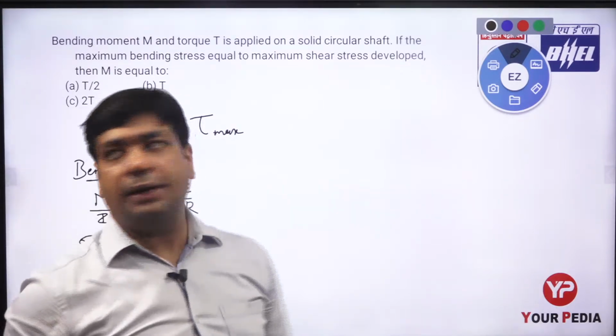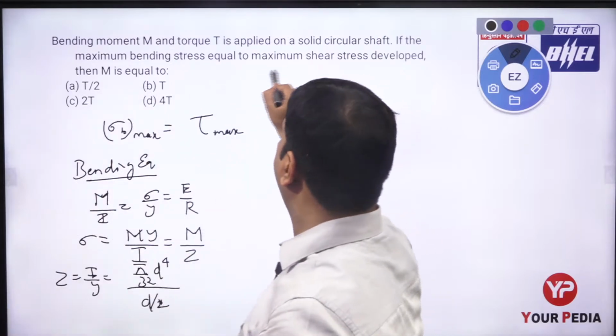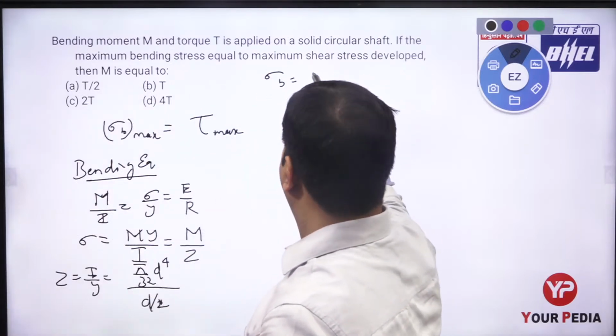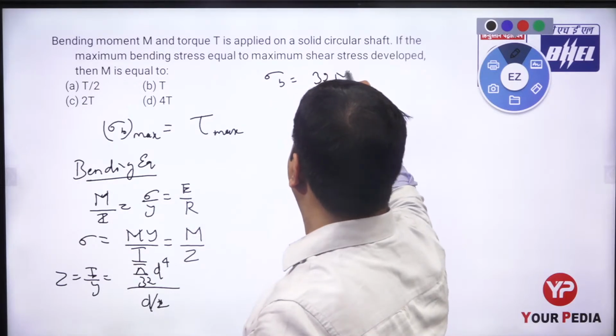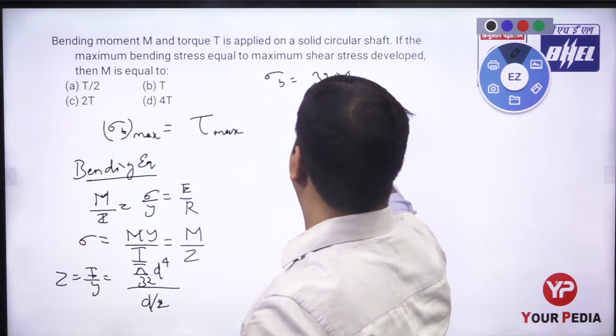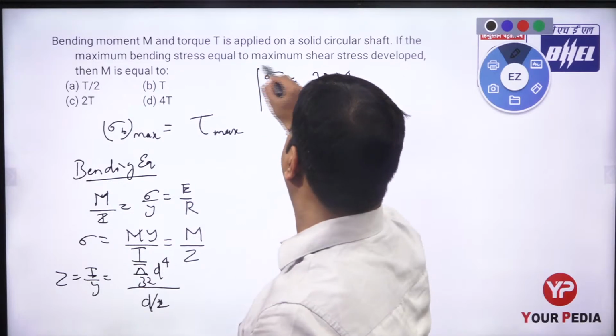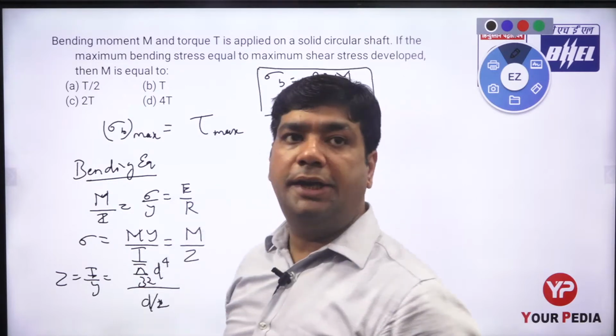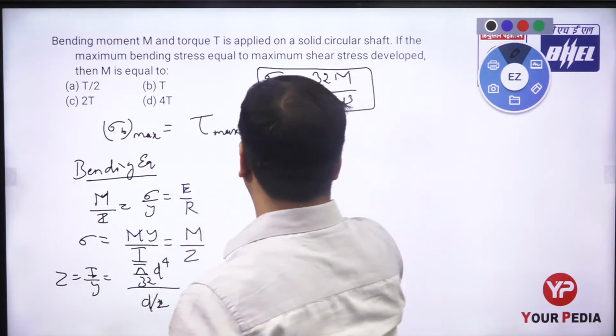So sigma bending comes to be 32 M upon pi d cube. Sigma bend equals 32 M upon pi d cube. Now I'm talking about the torsion equation.